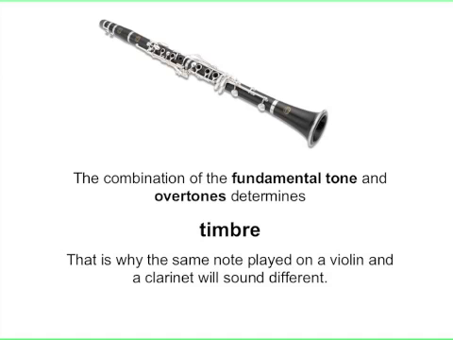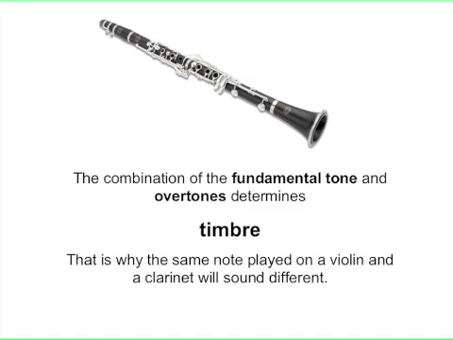And for the sake of describing music, and once again, this is not so much a scientific measurement as a psychoacoustic term, the combination of the fundamental tone and overtones determines the timbre of the instrument. And that is why the same note played on a violin and a clarinet will sound different.